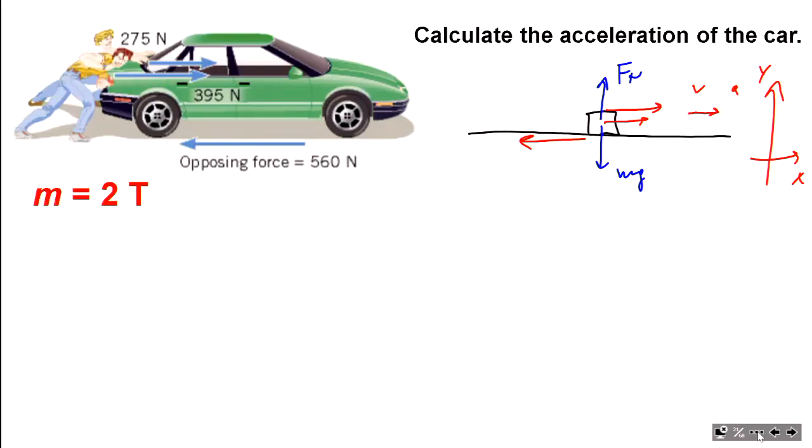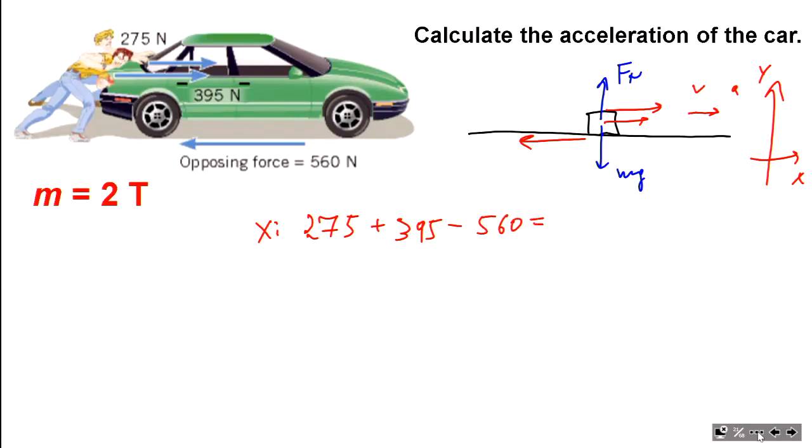So relative to the x component, what we can write is, well, you see the numbers. 275 newtons, force number 1. We have to add 395. We have to subtract 560 because it points in the opposite direction.